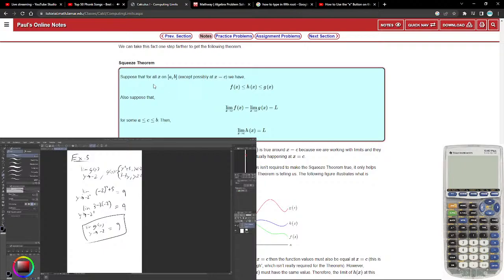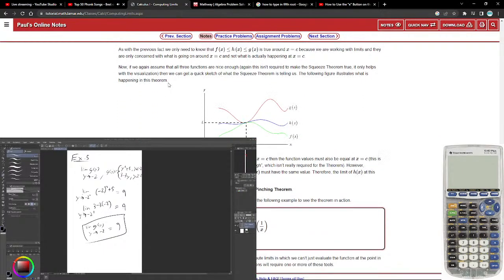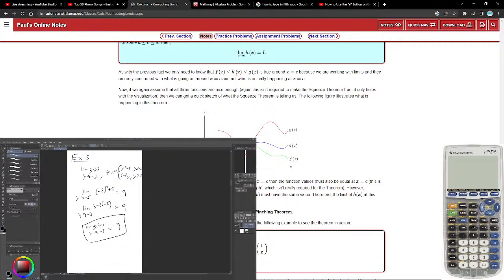Yeah, okay. As with the previous facts, we only need to know that h of x is between f of x and g of x around a constant, because we are working with limits and they are only concerned with what is going on around the constant and not what is happening at the constant.